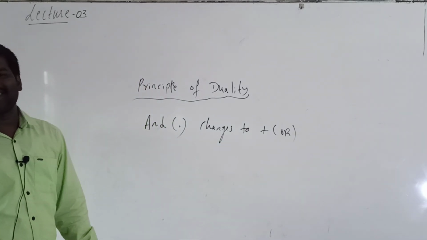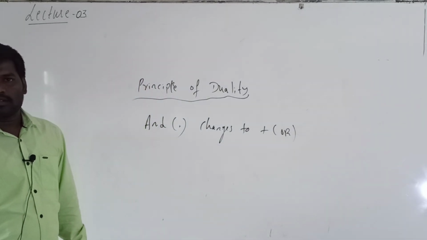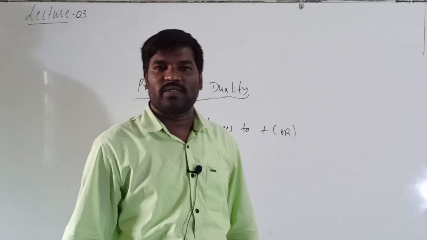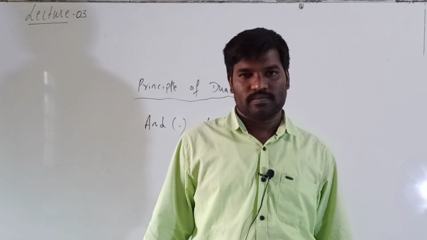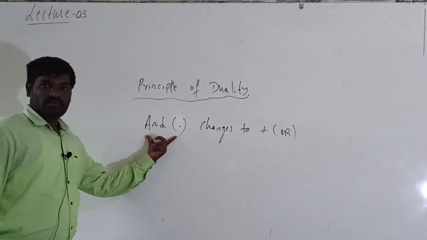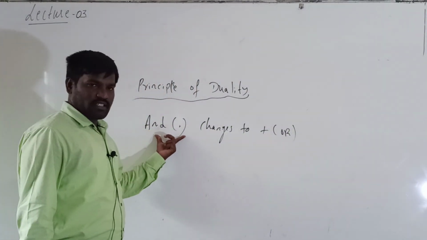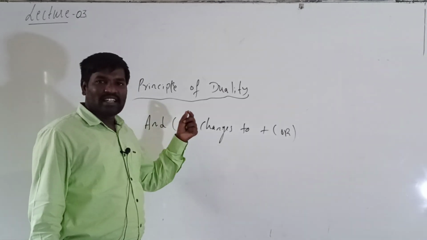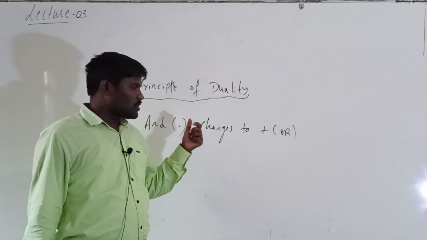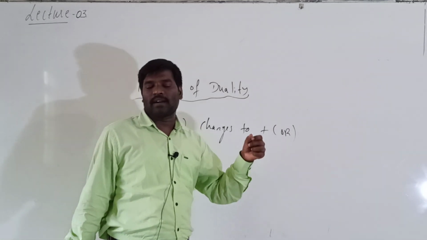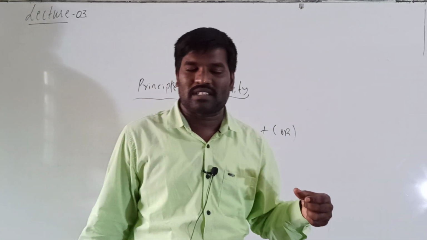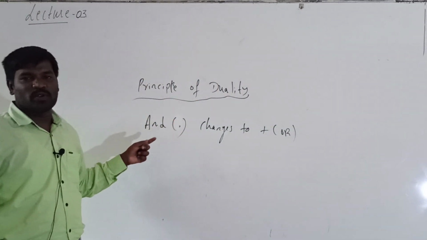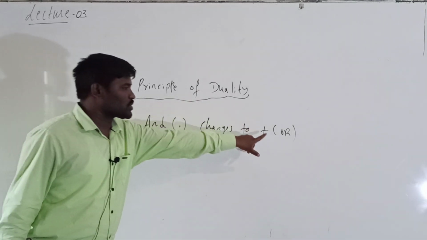Principle of duality states that we have to derive an expression with the help of a given expression. That is, and means logical multiplication. If any logical multiplication operator is present in the given expression, and you want to apply the principle of duality, it changes to plus.